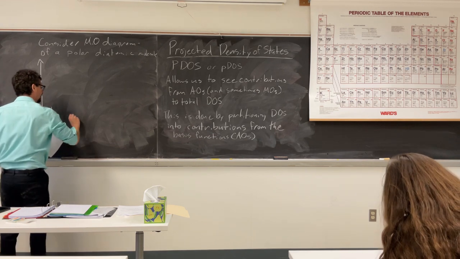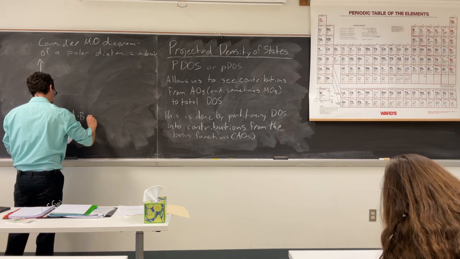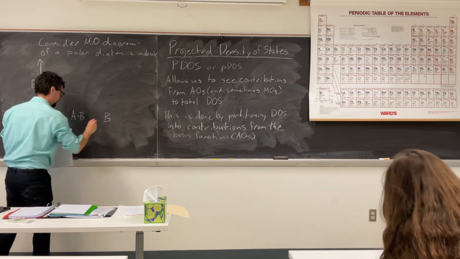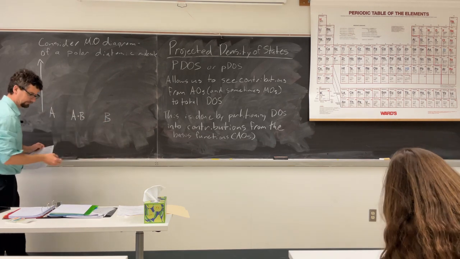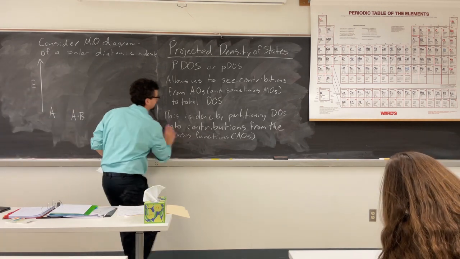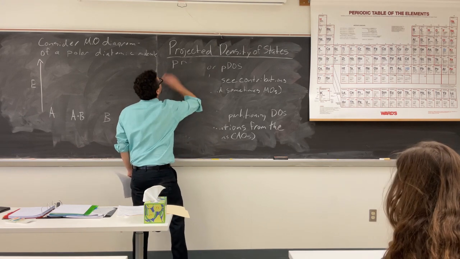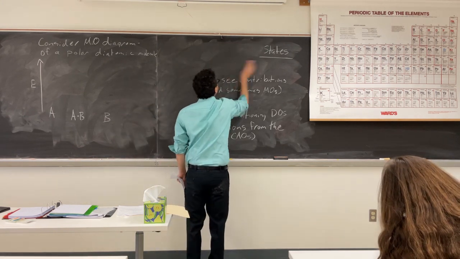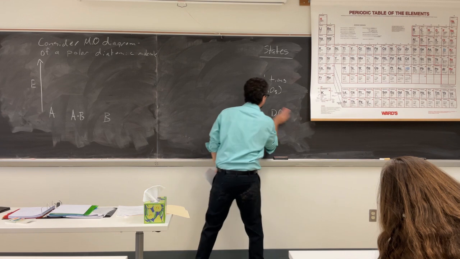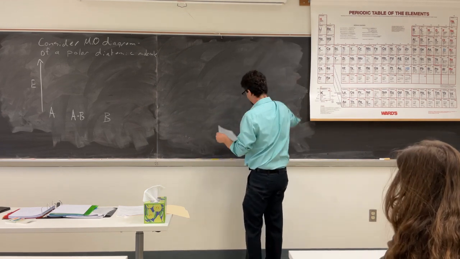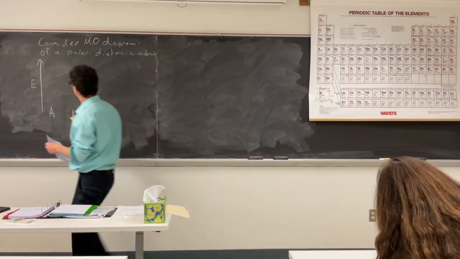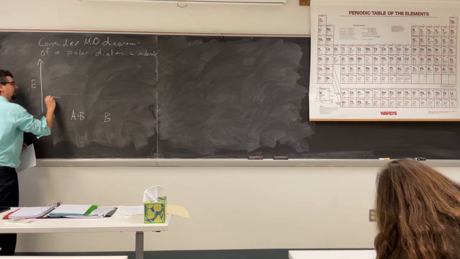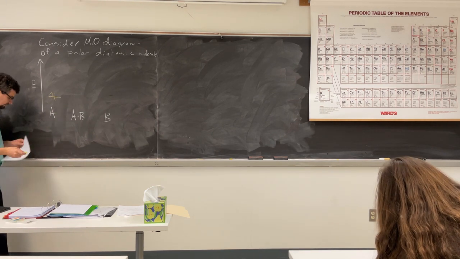We got A, B, and B. Okay. A has a low line occupied state.